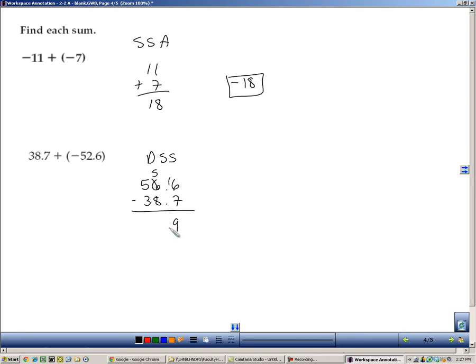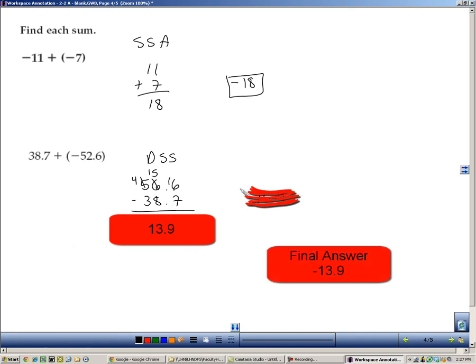This gives me a 9. We're going to borrow again. This gives me a 6. So 16.9 is what I get when I subtract those numbers. Now, we always take the bigger absolute value and put the sign back on. Because the bigger absolute value is negative, 52.6 is bigger than 38.7, that means my answer will be negative.